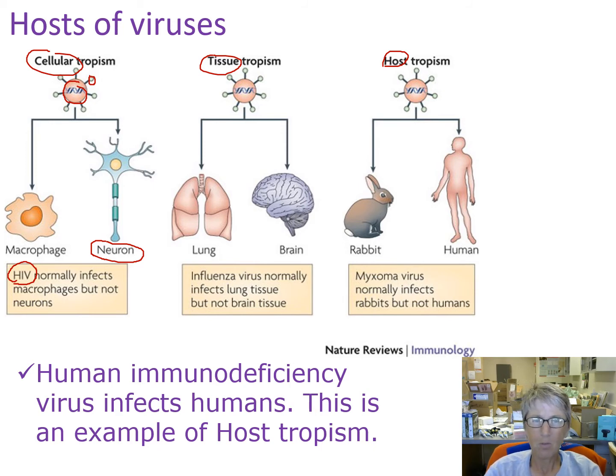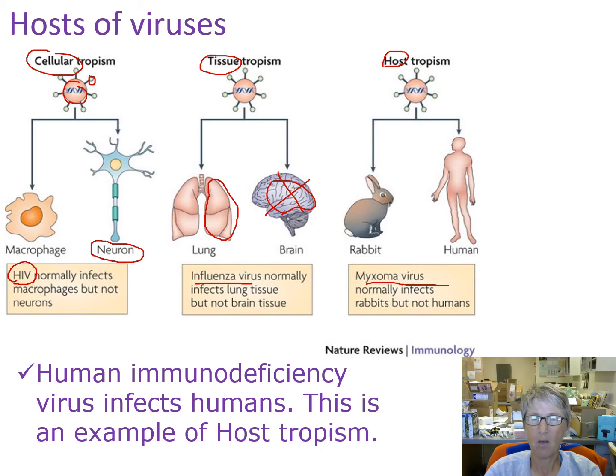Tissue tropism is kind of a higher level. So, for example, the influenza virus will infect the tissues of the lung, not a specific cell of the lung, but it will not affect brain tissue. And then in host tropism, there's the myxoma virus. It normally can infect all the cells of the rabbit, I think, but I'm not sure about myxoma.